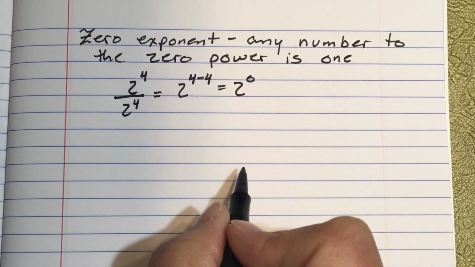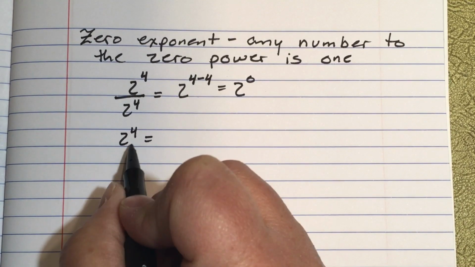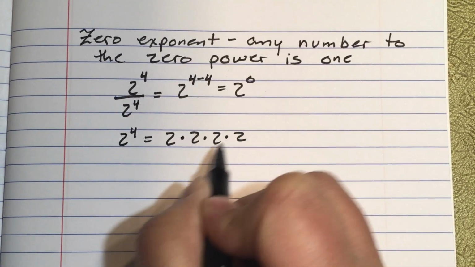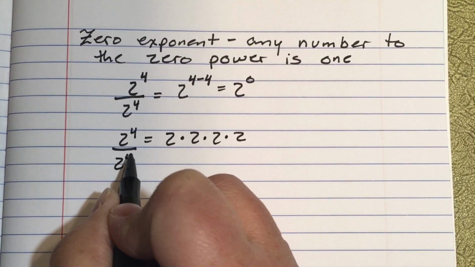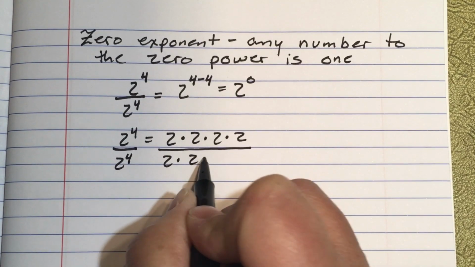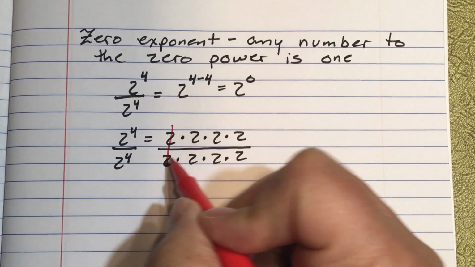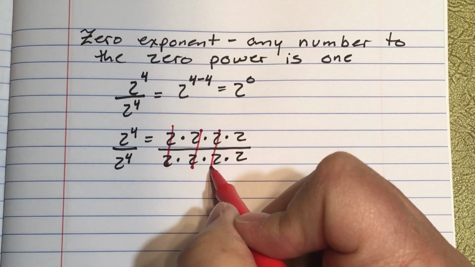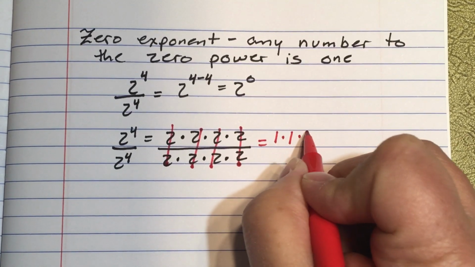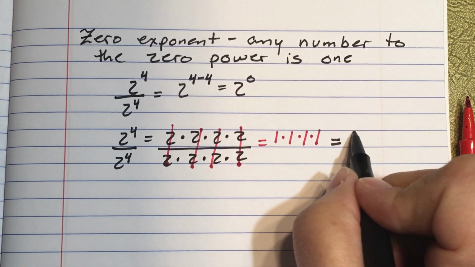But if I did an expanded notation, if I said 2 to the 4th power, I'm going to use that as a base 4 times, 2 times 2 times 2 times 2, divided by 2 times 2 times 2 times 2. 2 divided by 2 is 1. 2 divided by 2 is 1. 2 divided by 2 is 1. 2 divided by 2 is 1. So that's really 1 times 1 times 1 times 1. That whole thing is equal to 1.